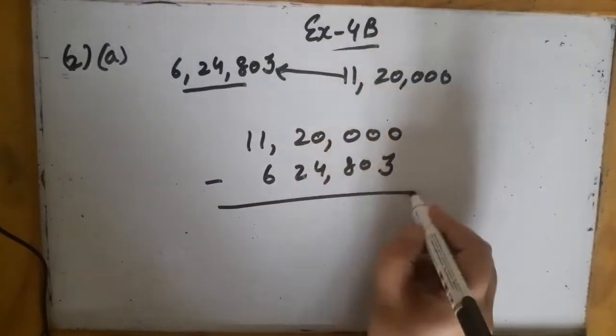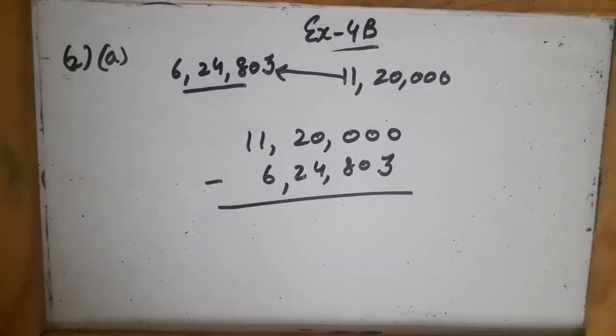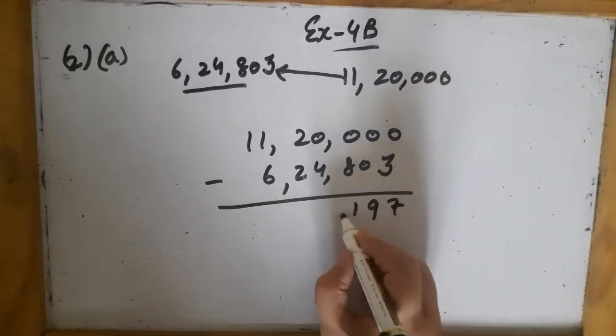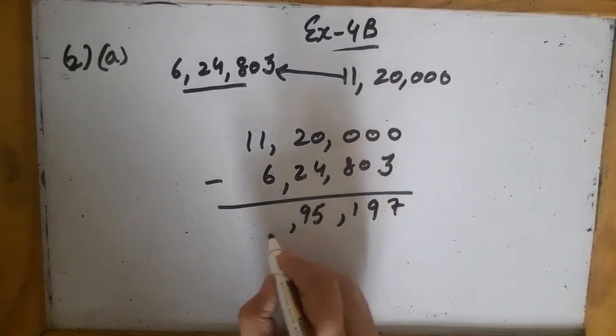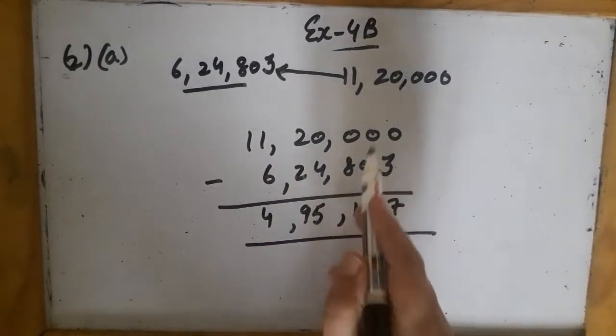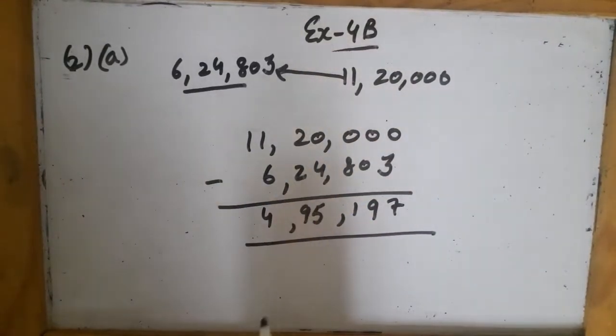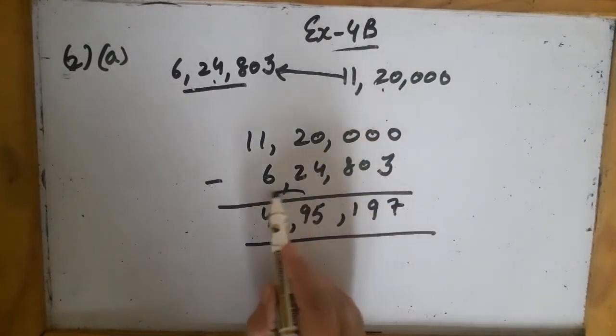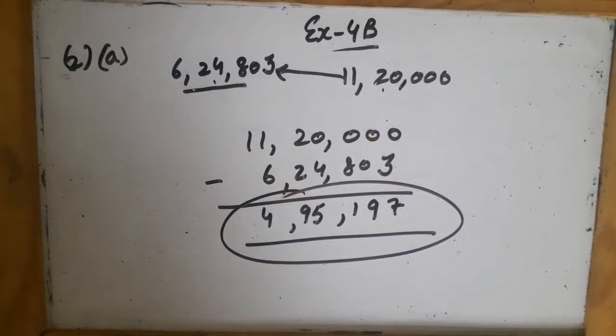So what you will get after subtracting them, you will get 71594. So ये नंबर इस नंबर से कितना छोटा है. So this 6 lakhs is shorter than 11 lakhs by how much? By 4,95,197. So in order to find कि ये नंबर इस नंबर से कितना छोटा है, we will subtract them.